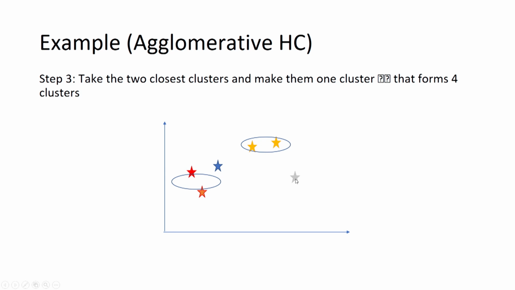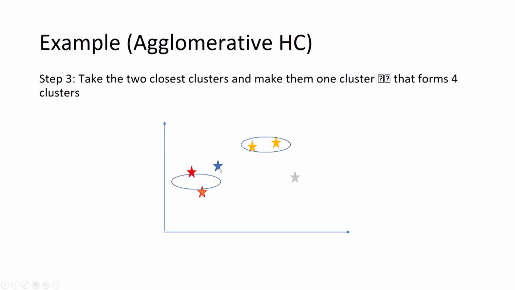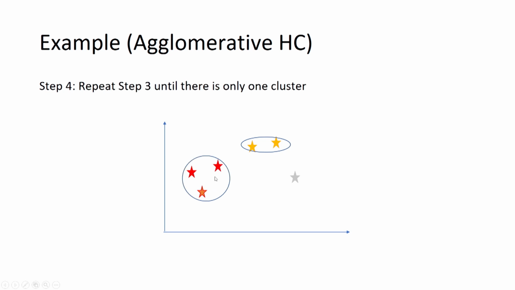Then we will do the same thing again, we will find which two clusters are closest to each other out of these 4 clusters, and suppose these two are closest. We will merge these two again, and in this way we get 3 clusters.